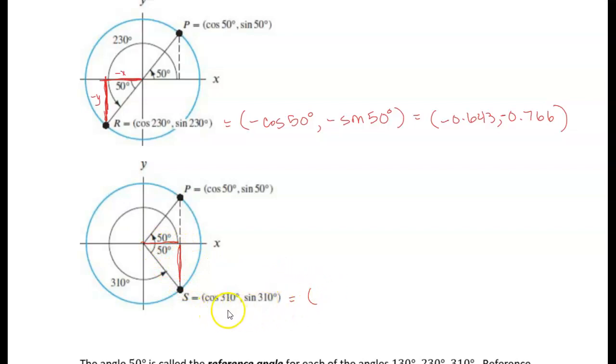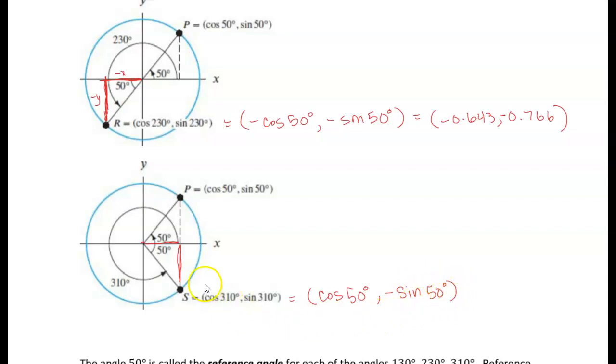So the cosine of 310 degrees has the same x value. So it has the same cosine as the 50-degree angle in the first quadrant, right? It has the same cosine value as 50 degrees, but now it's going to have the negative of the y value, which is the sine value of 50 degrees.